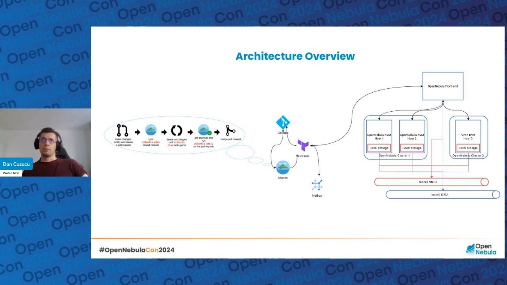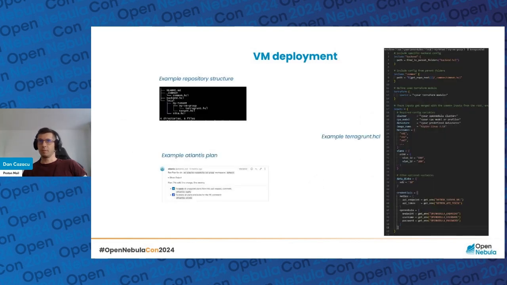This entire operation takes, I think, less than 30 seconds. It takes more time to write the code than to actually run it. In the next slide, there is a short example of deployments that you can use in your infrastructure.